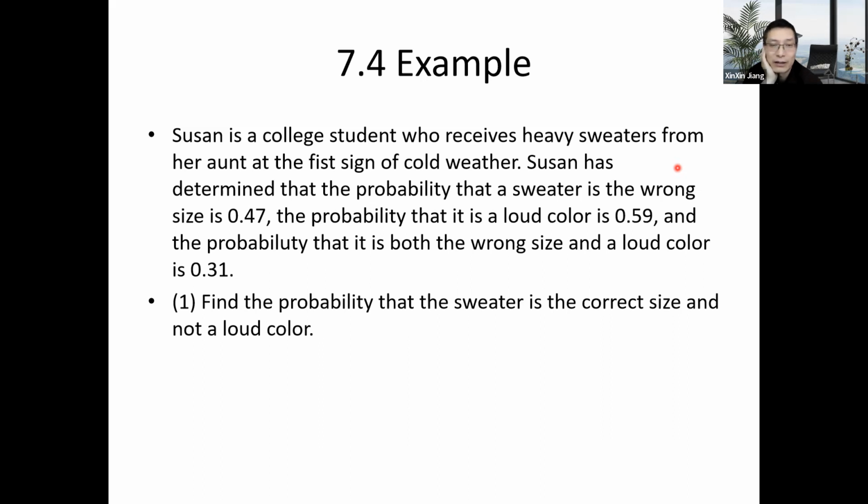A better way, I mean, you can work it out using argument. It's not wrong, but a straightforward way, especially for me, is to use a Venn diagram. So let's draw the Venn diagram.